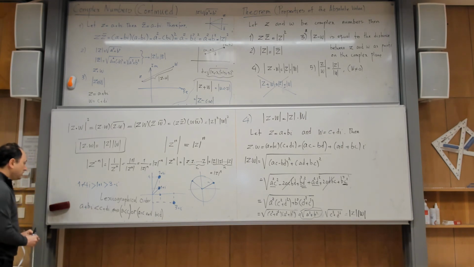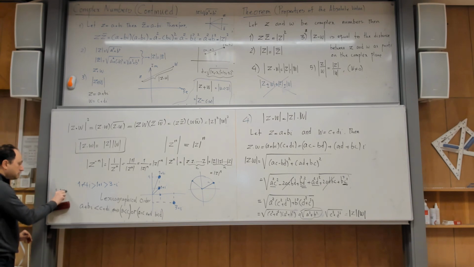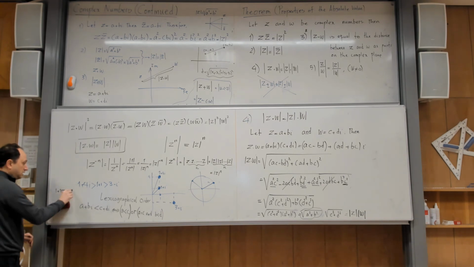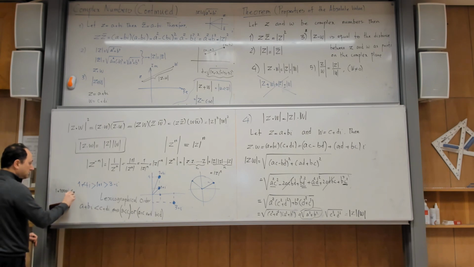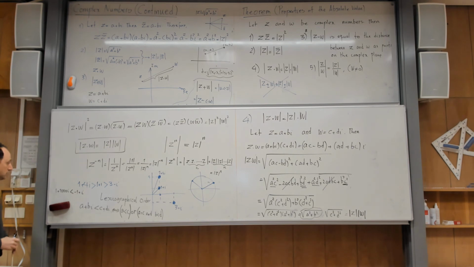So if the real part of this one is -1, and then we have 1000i, then this is smaller than 1 plus i. Why? Because when it comes to the real parts, -1 is less than 1, I don't care about the imaginary parts.